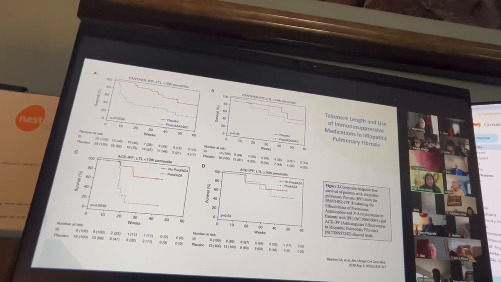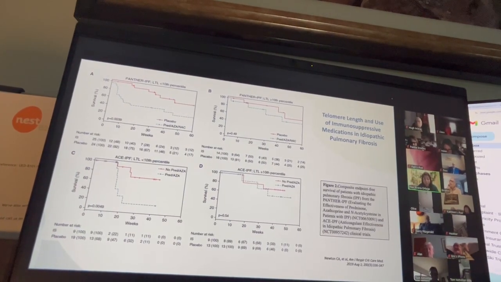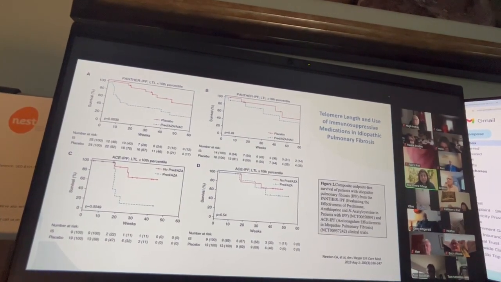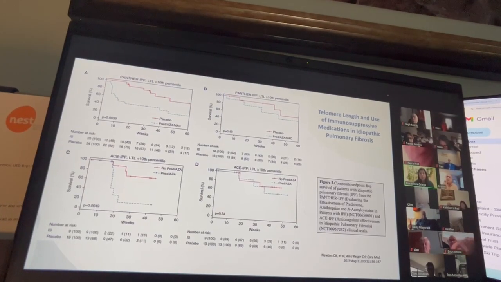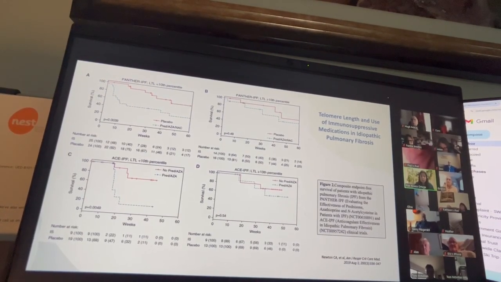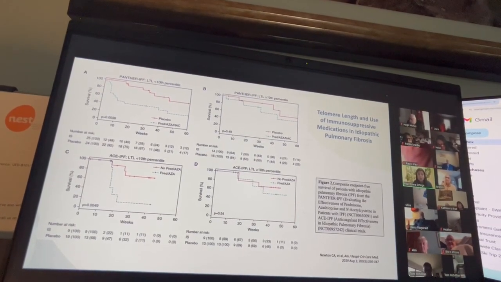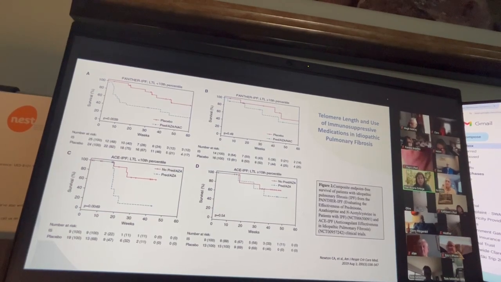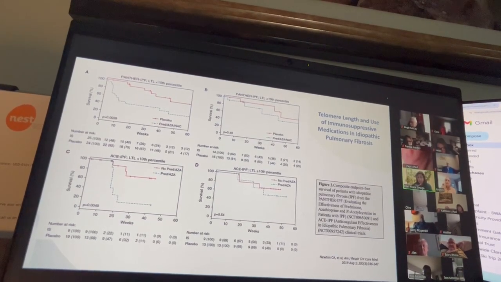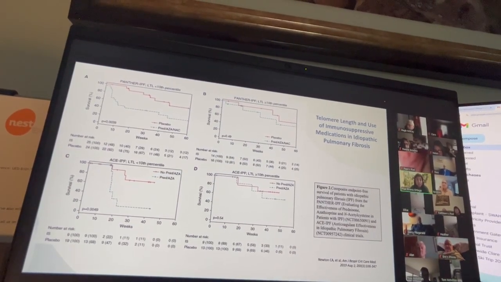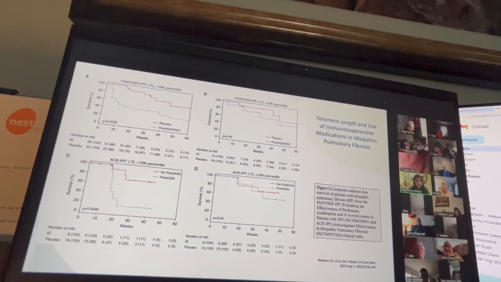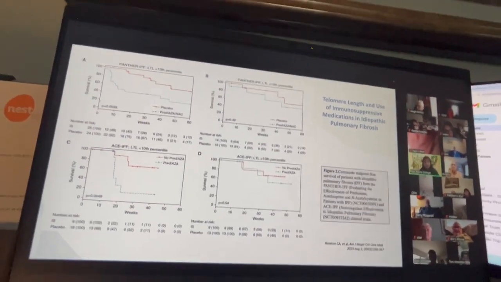Because thanks to this study and thanks to the patients that participated in it, we know that if we use steroids or immunosuppressive therapy to treat patients with idiopathic pulmonary fibrosis, it's not only not beneficial, it's dangerous and increases mortality. Okay, so we learned that lesson from 2011.